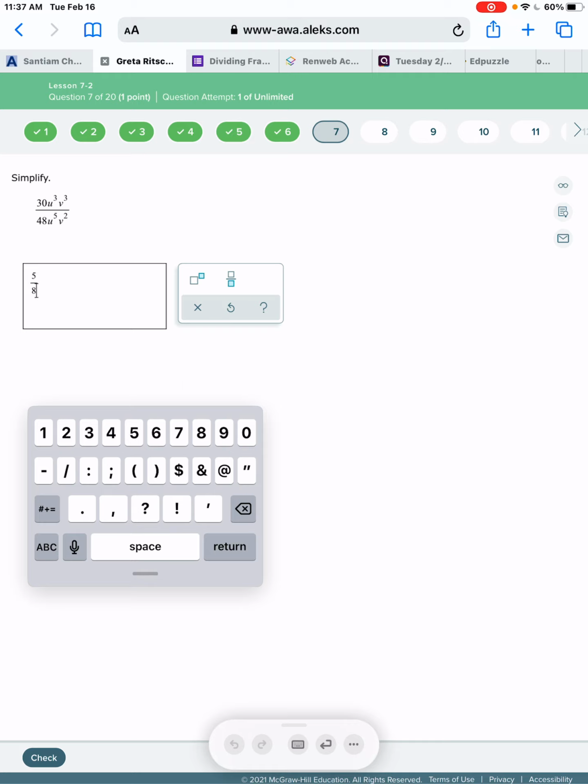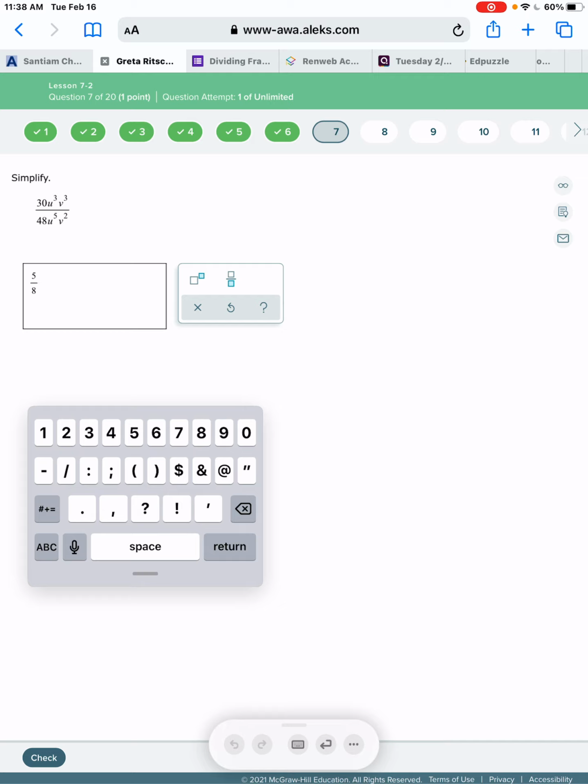That means that it was a common 6, so 30 divided by 6 is 5, and 48 divided by 6 is 8.